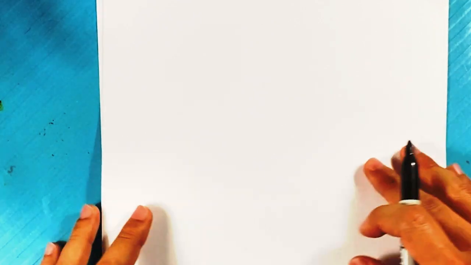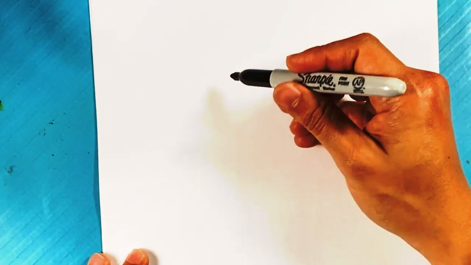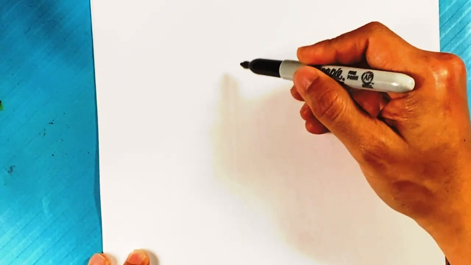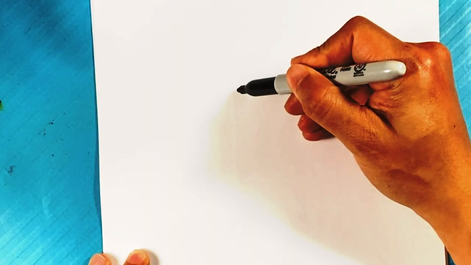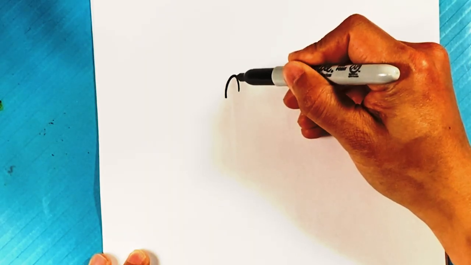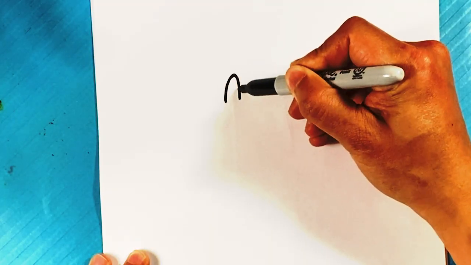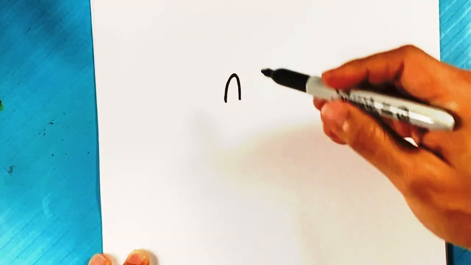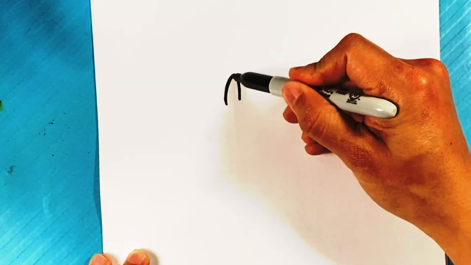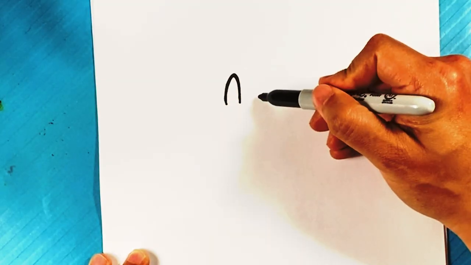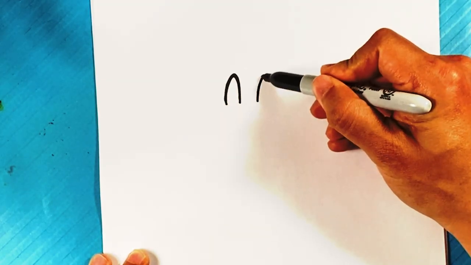Okie doke. And the first thing I'm going to do here is start with Bryson's eyes. So I'm going to go right here, kind of like an N shape of some sort. Go over here on this side, same thing.